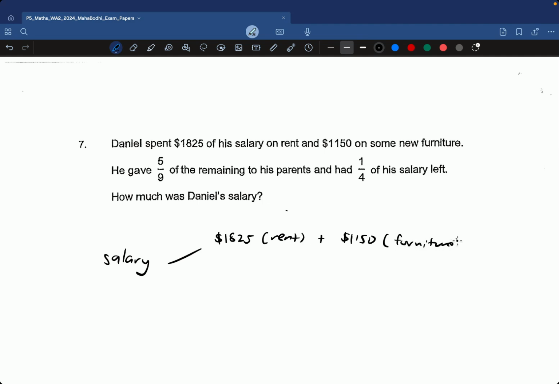Then he has the remaining. The remaining part is 5/9 to his parents, and then he has 1/4 of his salary left.